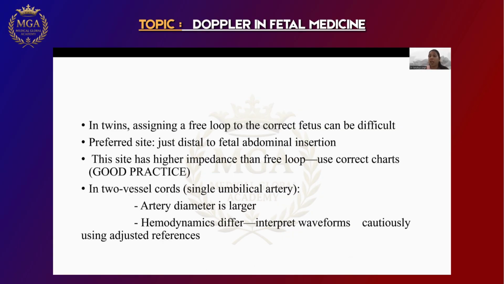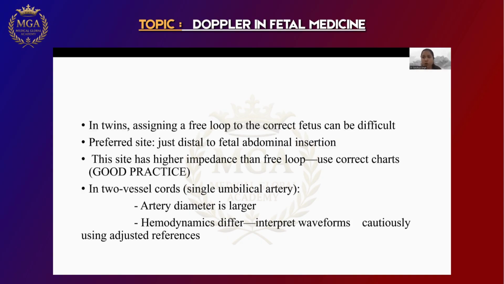Now, you have understood this, just as written in the slide. Only one thing I need to add is, I told you there are two umbilical arteries and one umbilical vein, but there are many cases where there is a single umbilical artery. Can you imagine if there were two vessels taking the blood, but now suddenly the two vessels fuse together, and now there is only one vessel present? So what will happen? That vessel is going to dilate.